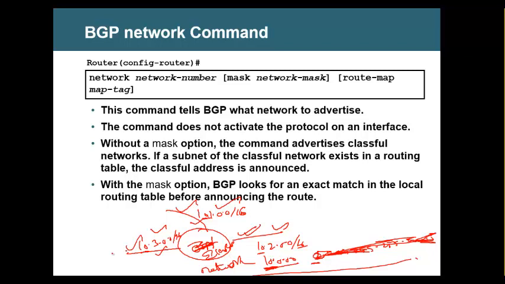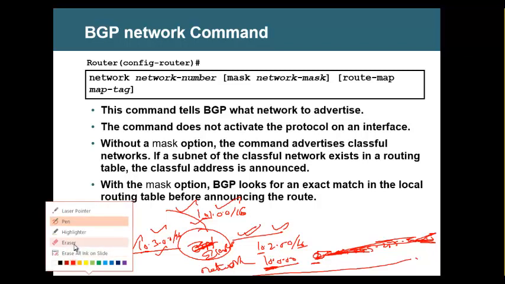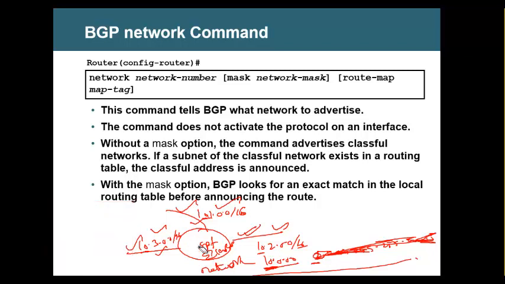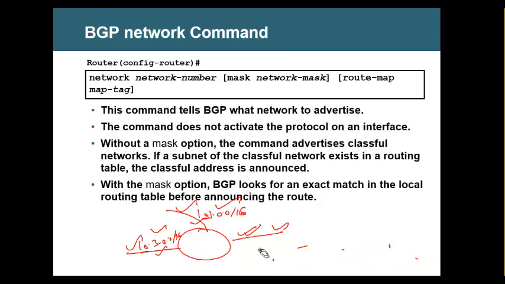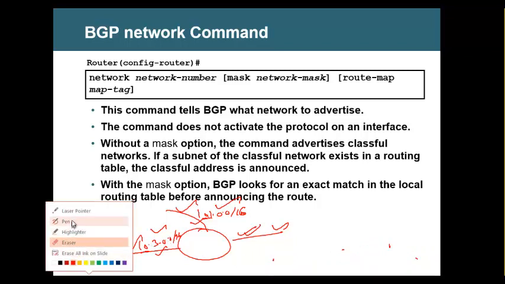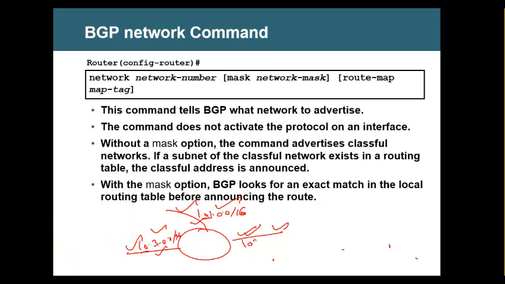But BGP is very strict to discipline the protocol, meaning you need to exactly match with the mask on the routing table. In BGP, when I have these interfaces and these IP addresses, when I have /16, the routing table will not have /8.